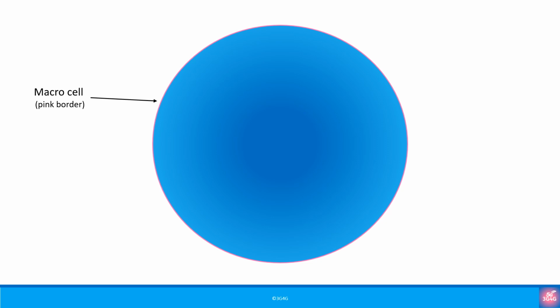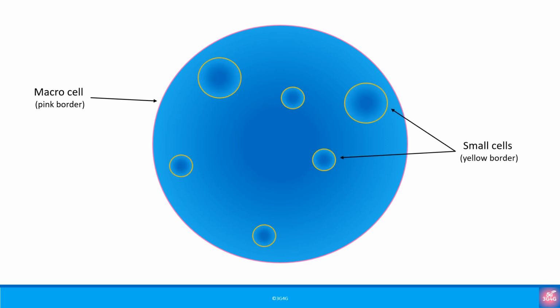What generally tends to happen in the real world is that operators have a limited amount of frequency, so they try and reuse the frequency wherever possible. Here you see the blue macro cell with pink border. The operator may now decide to reuse this frequency in some areas as part of small cells. This can cause radio frequency interference.